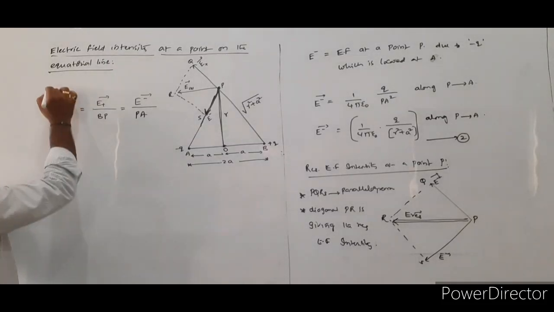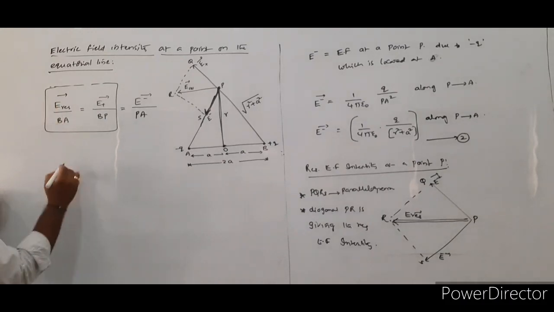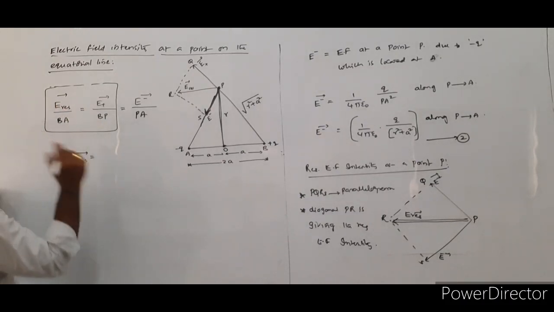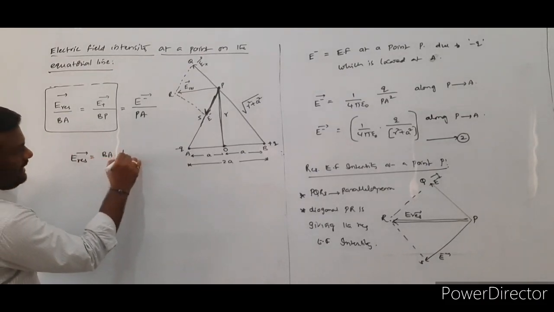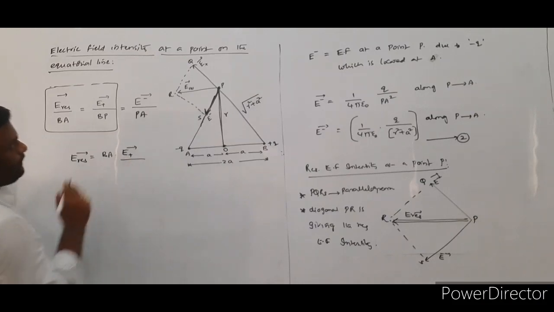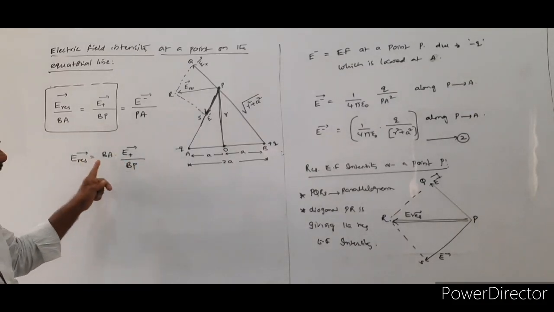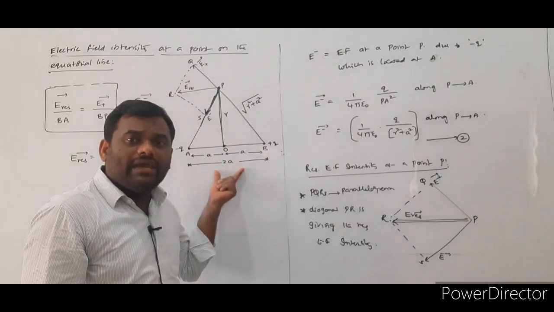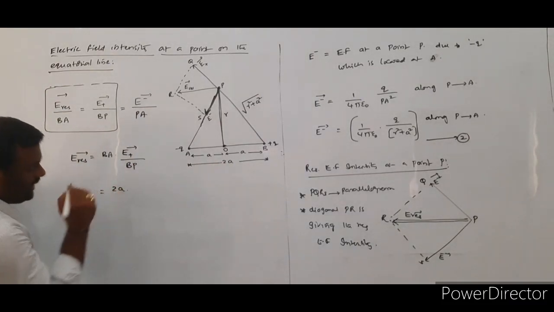See here, I will consider these two portions. Therefore, from that I will write E resultant bar is equal to BA times E plus bar by BP, by cross multiplying. Here BA is equal to 2A from the given diagram, so the distance BA is 2A.